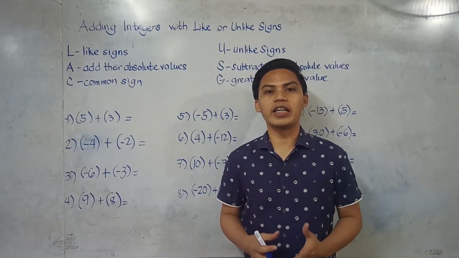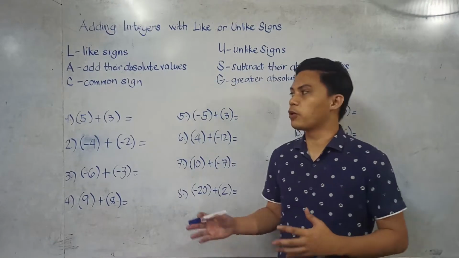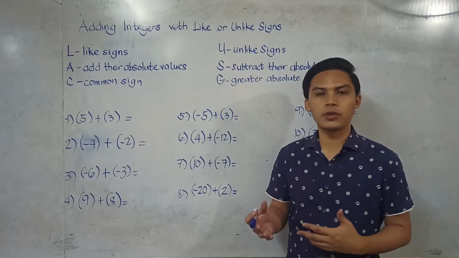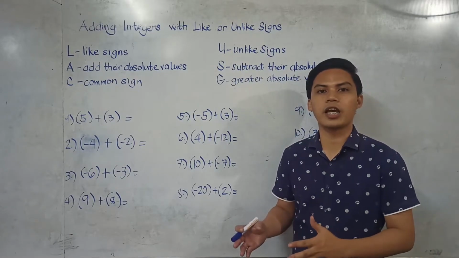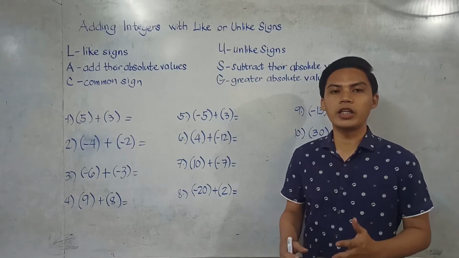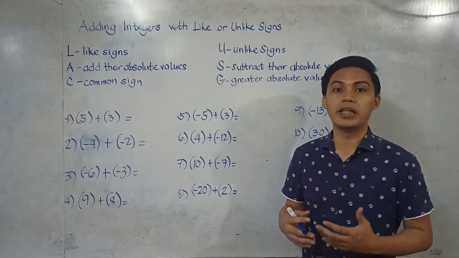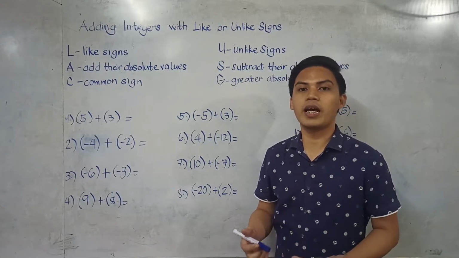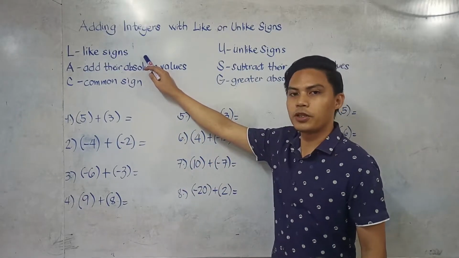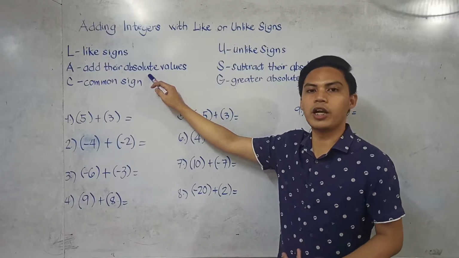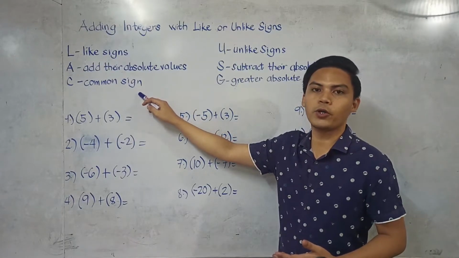Okay, let's try adding integers. This time, we're going to combine how we're going to add integers with like signs or unlike signs. Again, yung tatandaan lang natin yung acronym na binigay ko kanina. When we say LAC, L stands for like signs, A for add their absolute values, and C for common sign.